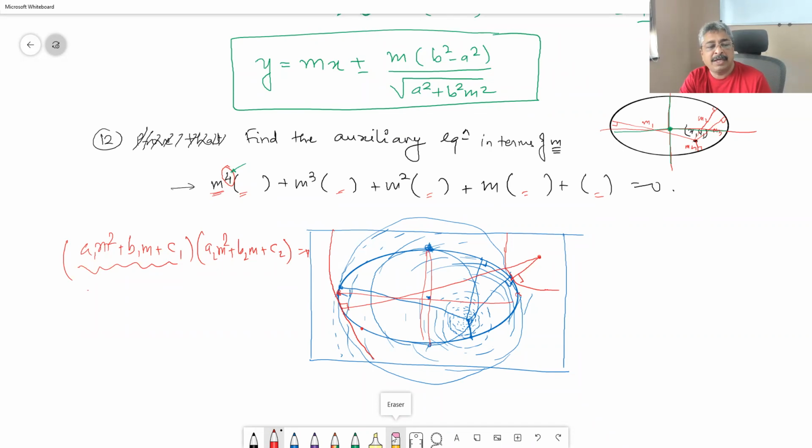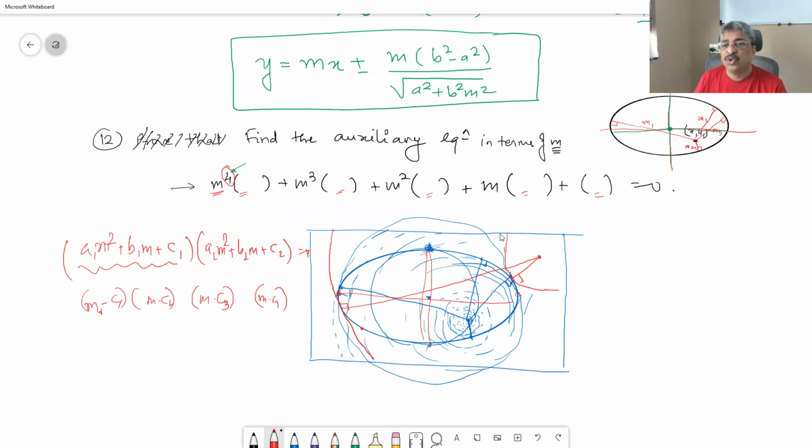If we can make it look like m minus constant 1, m minus constant 2, m minus constant 3, m minus constant 4, then these are the slopes, all good, but you may work it out and find out how many normals.